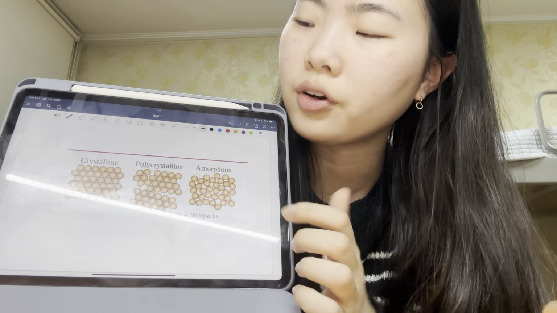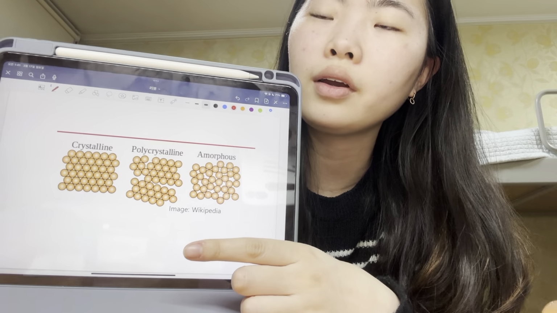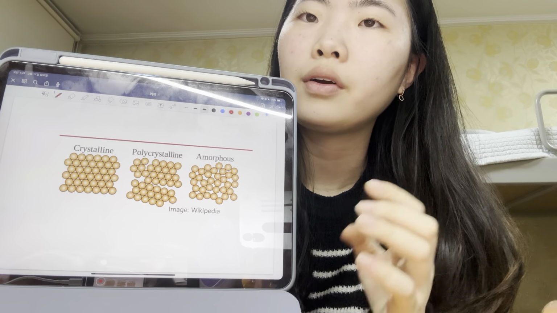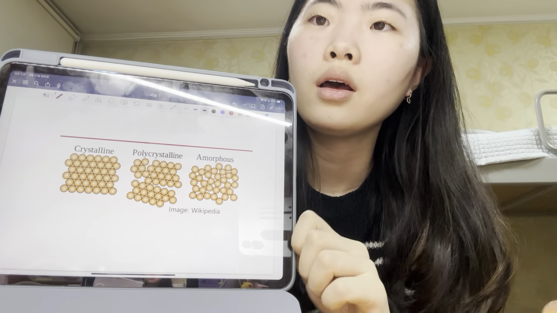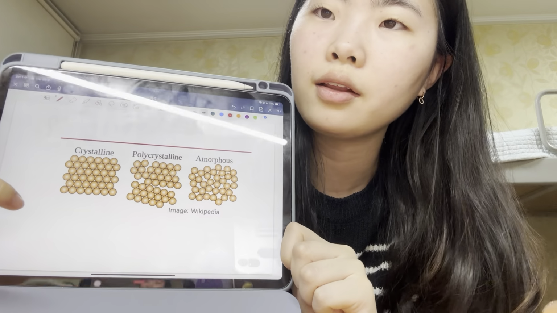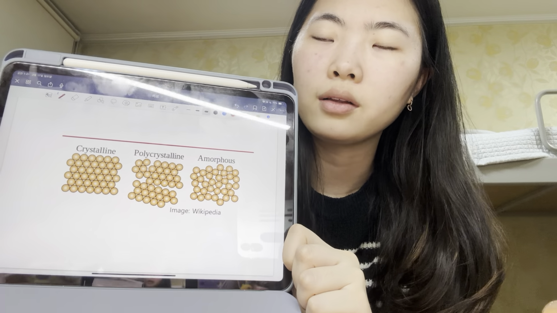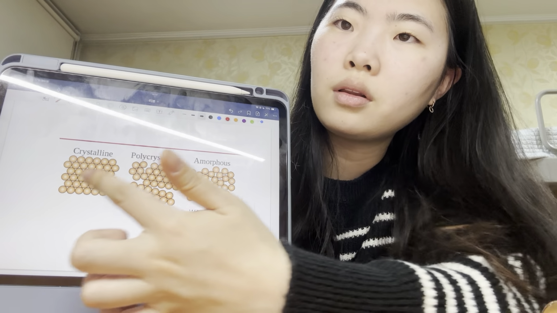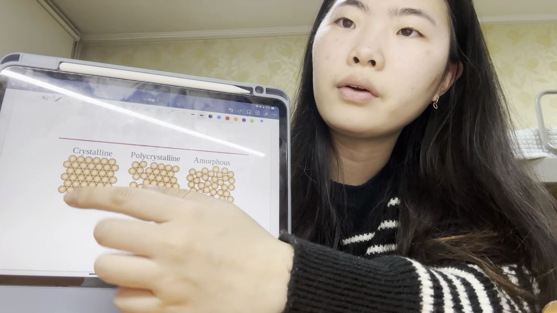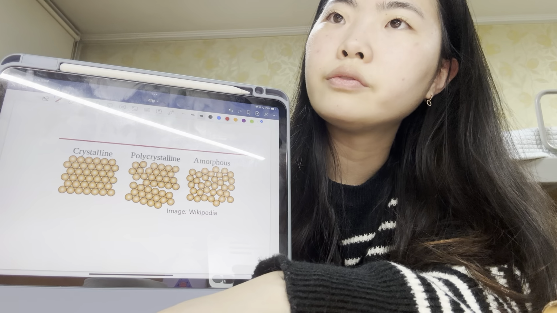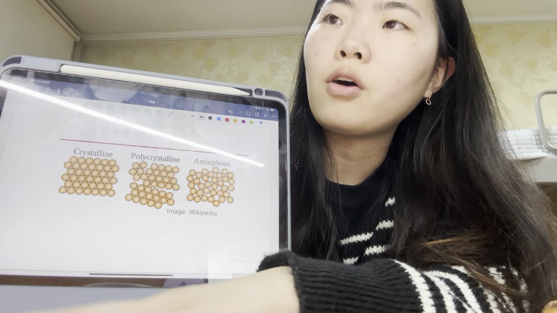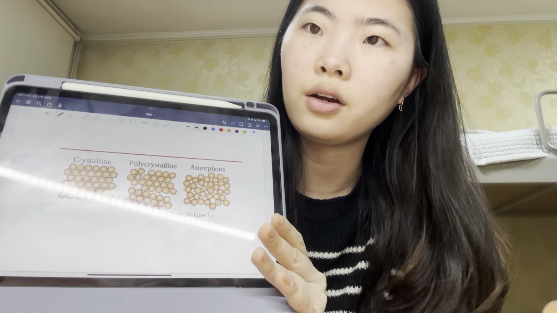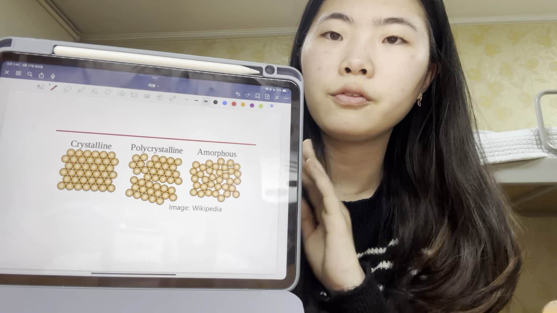Crystalline is very elaborate, so current can flow very well, because there is no grain boundary in here, so electrons can flow very well.